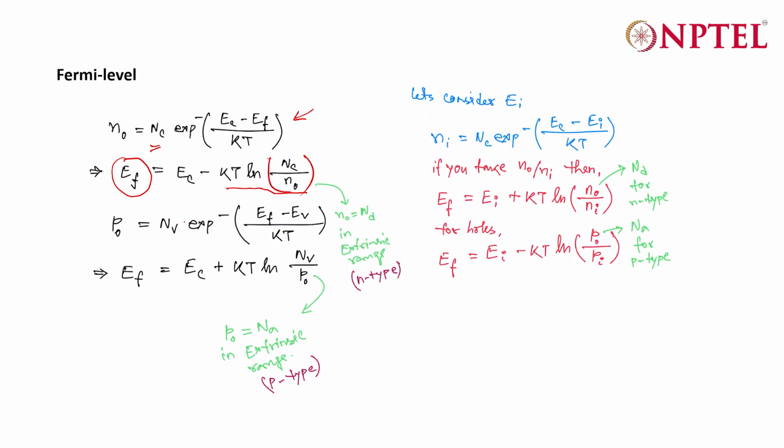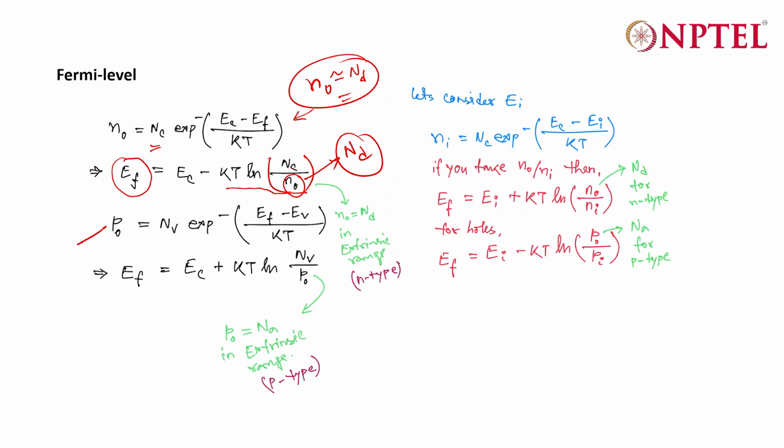This is the expression for Fermi energy. Now in case of an n-type semiconductor in the extrinsic range, you can replace N0 with Nd. We have already discussed that in the extrinsic range most of your donor atoms will be ionized, so N0 will be approximately equal to Nd. We already explained this in the previous lecture.